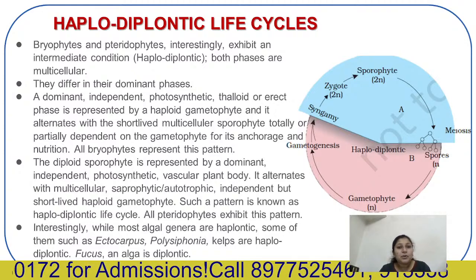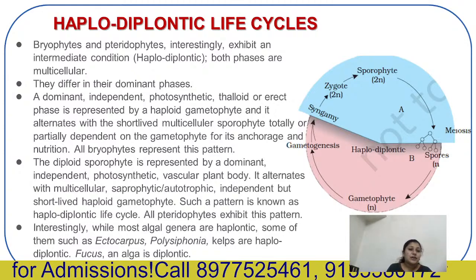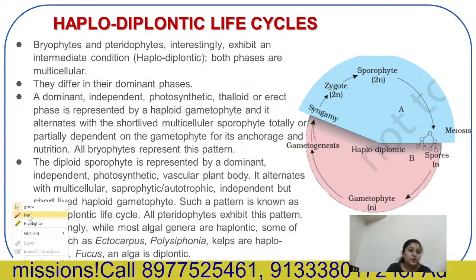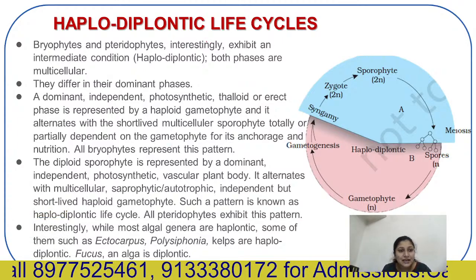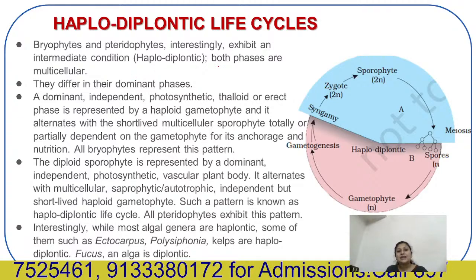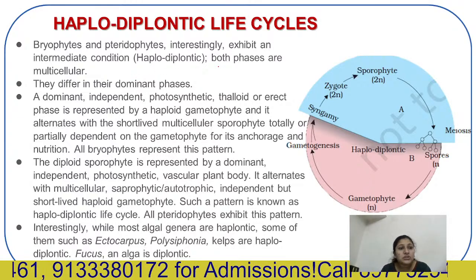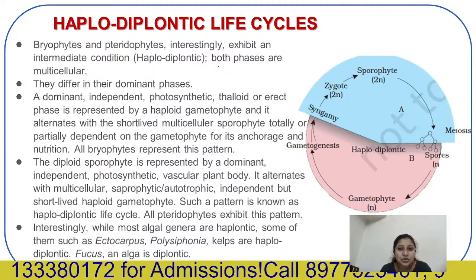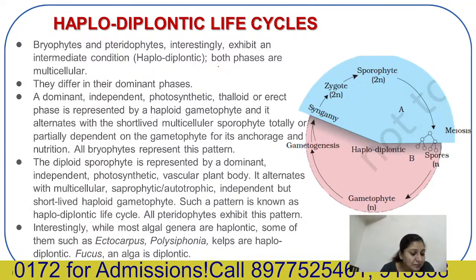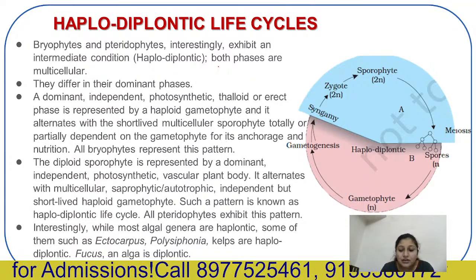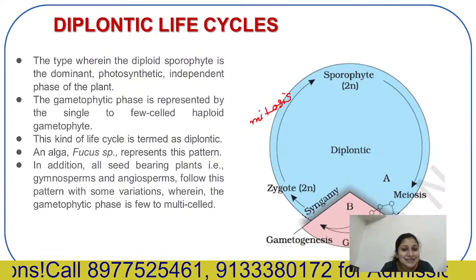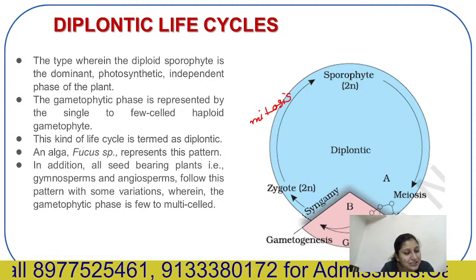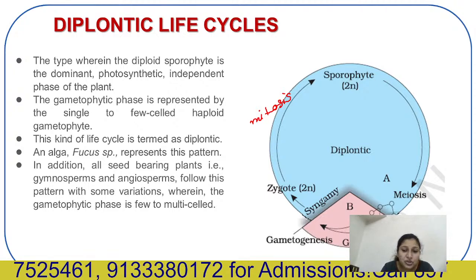Then the haplodiplontic life cycle. Here you can see both the stages are there. Bryophytes and pteridophytes interestingly exhibit the intermediate condition, that is haplodiplontic. Both the phases are multicellular here. In the earlier cycles, both phases were not multicellular. The gametophytic stage was not multicellular, it was still gamete formation only.